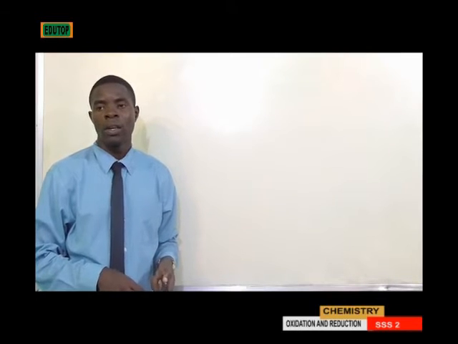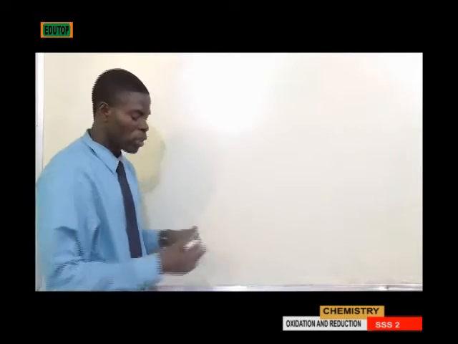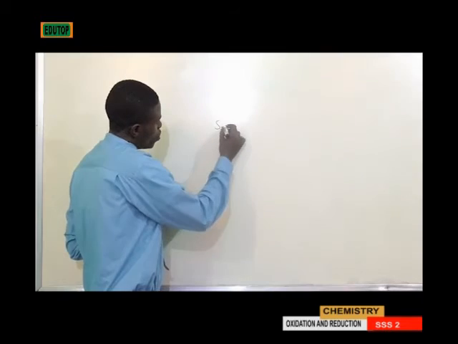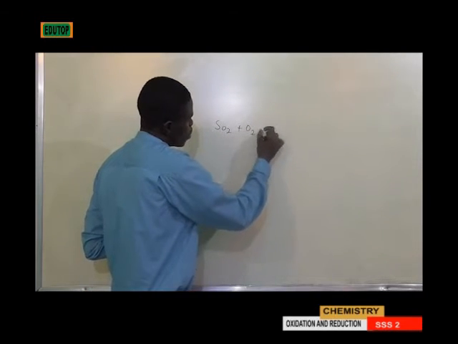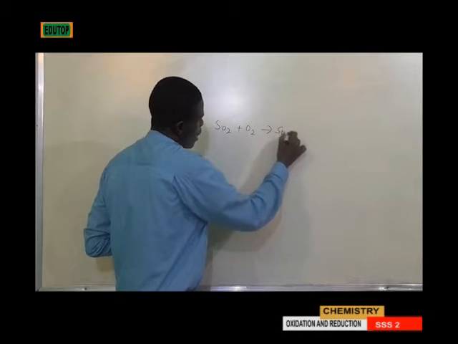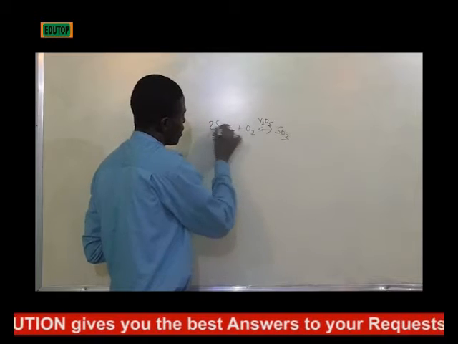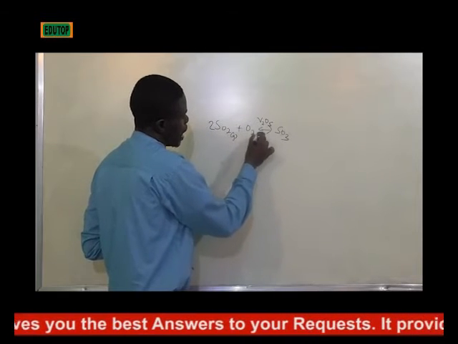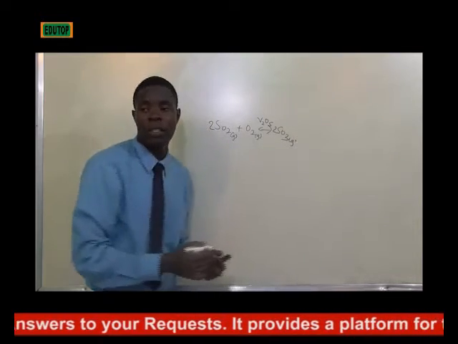Answers. Question number 1. It is evident that SO2 reacting with oxygen to give you SO3, a reversible reaction in the presence of vanadium 5 oxide, and this is a balanced reaction for that process.